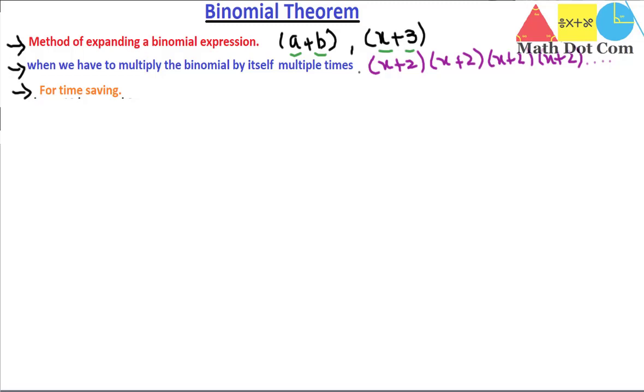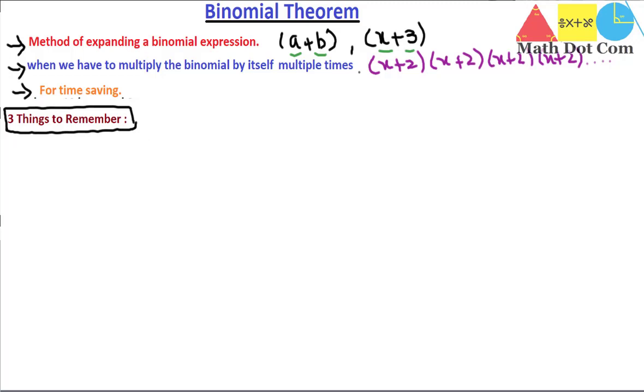Now let's discuss how you can memorize the binomial theorem so that you can easily apply it on any kind of binomial expression you are given, no matter how many times you are going to multiply the binomial expression by itself. There are 3 things you need to remember while applying the binomial theorem on any binomial expression.